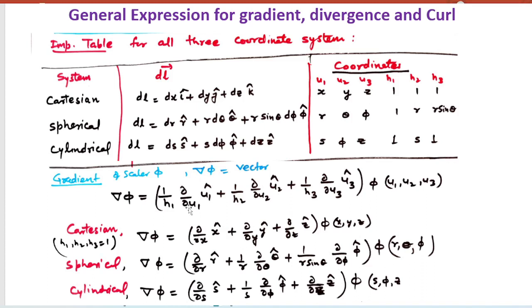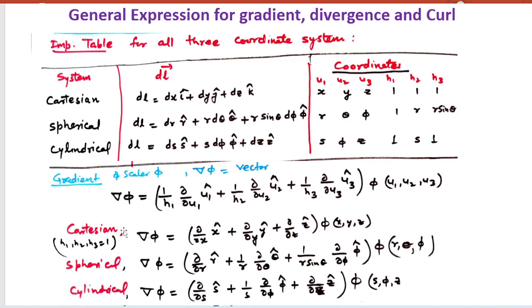So 1 upon h1 delta by delta u1 of phi in u1 cap direction, plus 1 upon h2 delta by delta u2 in u2 cap direction, plus 1 upon h3 delta by delta u3 in u3 cap direction of this whole function phi, which is a function of u1, u2, u3. In Cartesian it is a function of x, y, z, in spherical r, theta, phi, and in cylindrical s, phi, z. So phi may be any kind of function, and we apply del according to that coordinate system.